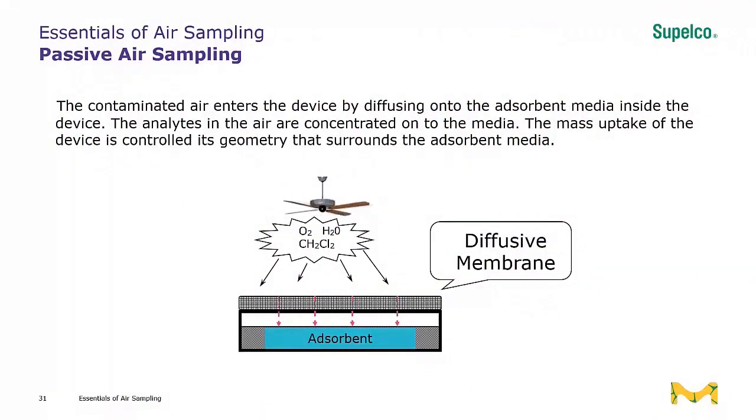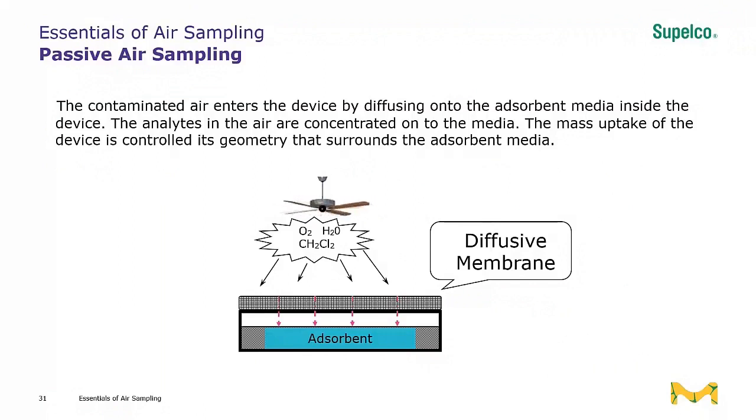The passive air sampling technique, or diffusive air sampling as it's also called, differs from active sampling in that no pump is required. It requires a minimum airflow of 5 meters per second, and it works in that the contaminated air passes into the adsorbent media in the device via molecular diffusion, and that diffusion into the device is known as the mass uptake rate or sampling rate, and that's determined by the geometry of the device.